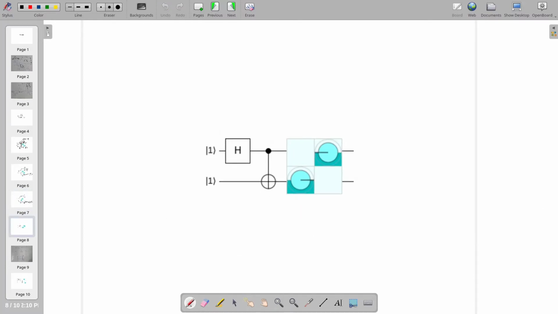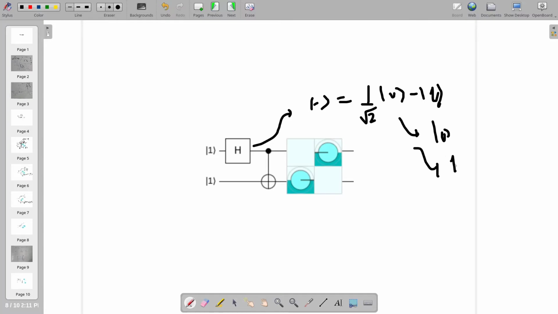Now moving forward, we have the last pair, 1 1. We already know that 1 is nothing but the minus state, which is 1 by under root 2 (0 minus 1), which is nothing but 50% of the time 0 and 50% of the time 1.